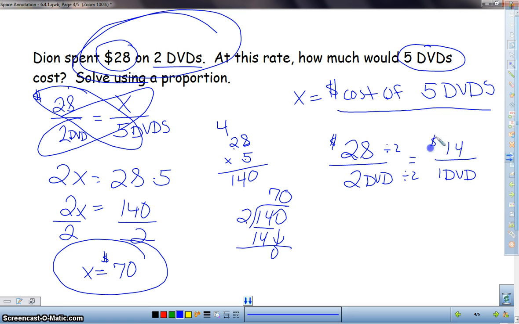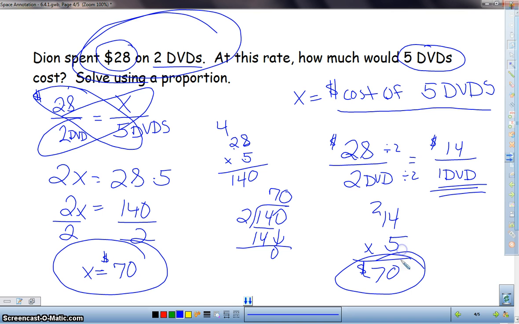So the price of 1 DVD is $14. So if I want to find the price of 5 DVDs, I could take 14, because it's how much 1 DVD costs, and multiply that by 5. And you would get the same amount, $70. So that's 2 different ways to use proportions, and in this case a unit rate, to solve for an unknown value.